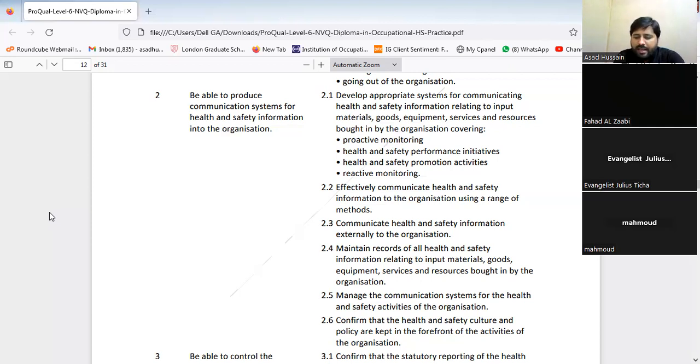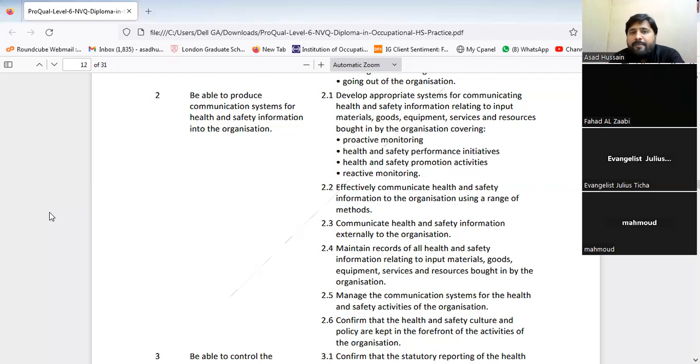So in your organization, you can say that you communicated action plans from results of monitoring, delivered TBTs, training sessions as a result of monitoring, health and safety promotion activities, committee meeting minutes discussing monitoring results and performance promotion activities. All you can add here.